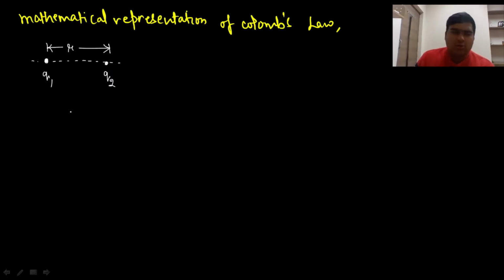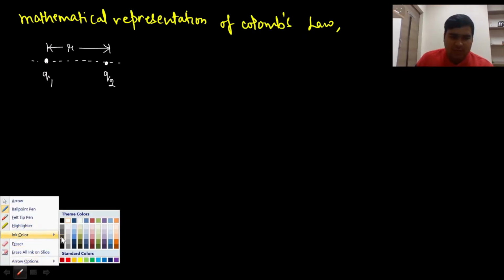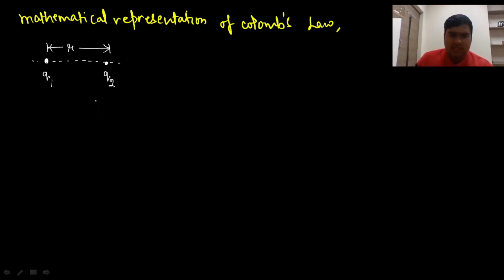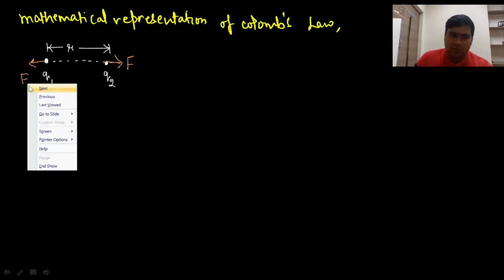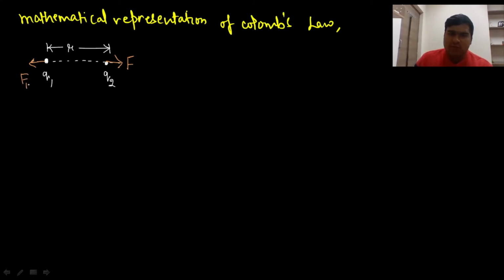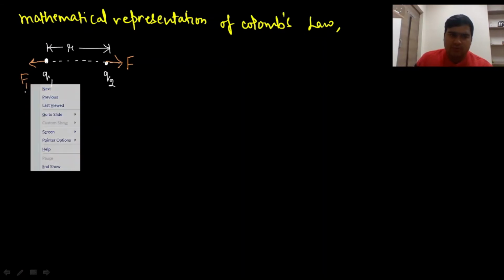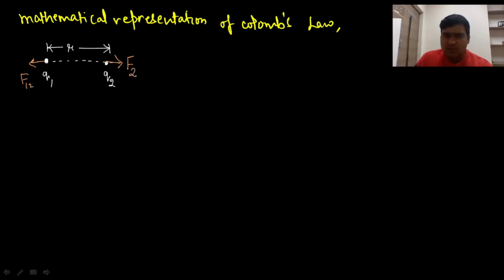The force acting on them will be in this direction, because they are both positive. I'm going to write this force as force on 1 due to 2, and force on 2 due to 1. They both are equal to, let us say, F. This force is proportional to the product of charges and inversely proportional to the square of the distance between them.